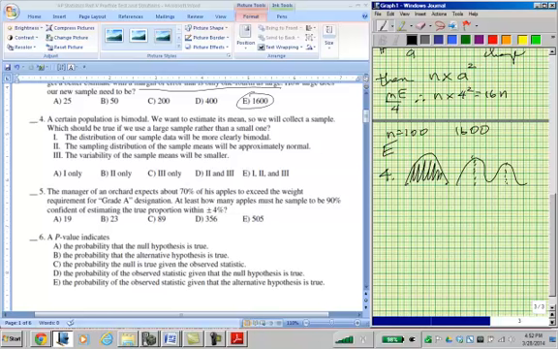Okay, population is bimodal. So we want to estimate its mean, so we will collect a sample. What should be true if we use a large sample rather than a small one? Okay, the bigger the sample, so here's the population distribution, bimodal.